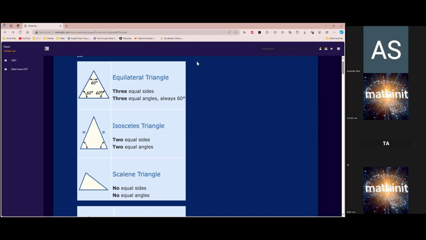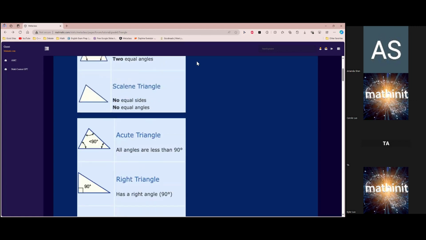So if you wanted to look for the two angles, you could just do 180 minus whatever the third angle is, divided by 2. A scalene triangle has no equal sides or angles. An acute triangle has all angles less than 90 degrees.